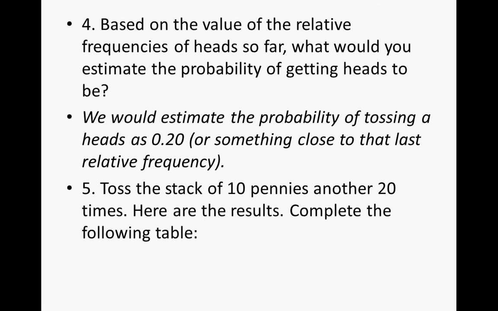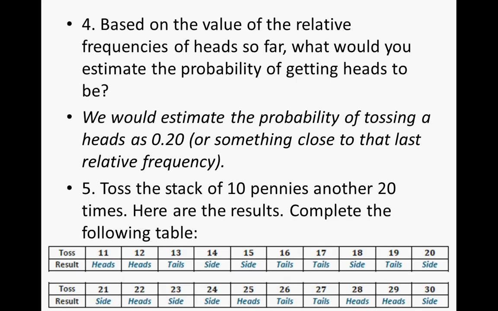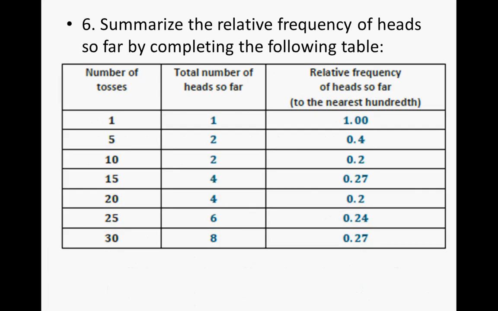So for number 5, toss a stack of pennies another 20 times. Here are the results. Complete the following table. So go ahead and fill this out on your lesson worksheet. Okay, you should be done copying this into your lesson worksheet. Summarize the relative frequency of heads so far by completing the following table.